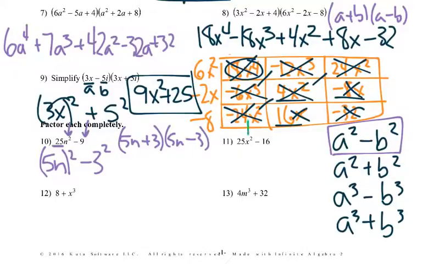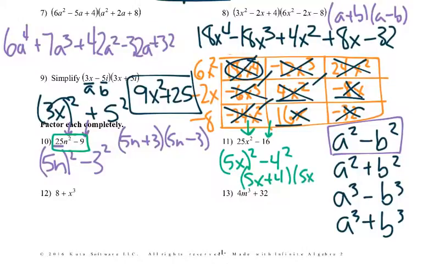Okay, 11, I've got a squared here, so it's kind of the same as this. So I'd have 5x squared minus 4 squared. So I'd go 5x plus 4 times 5x minus 4. Now I've got a cube here. Okay, so it'd be this guy, right? So a is 2 cubed plus x cubed.